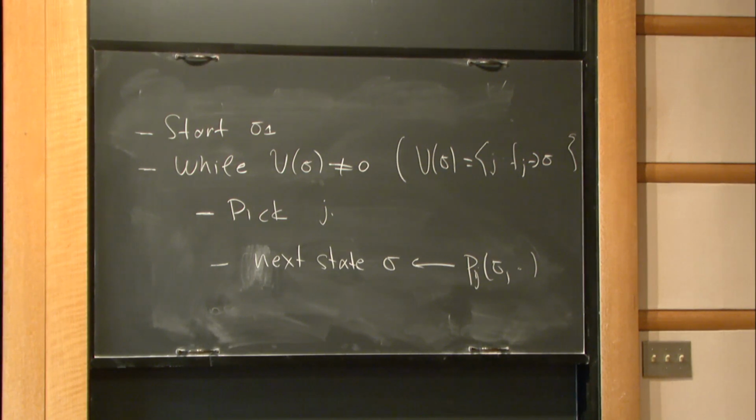So this is any probability distribution to move in this configuration space. Okay, so I'll give an example to make this concrete. Here's an example. It's again on KCNF.